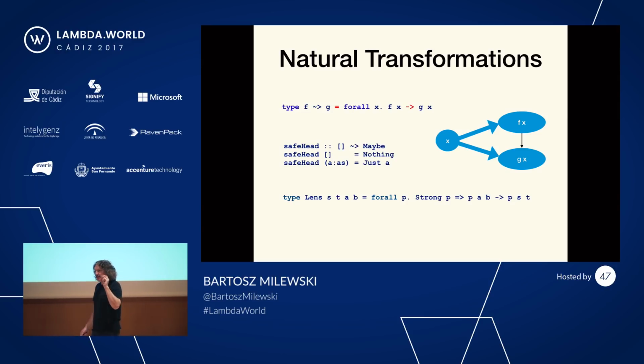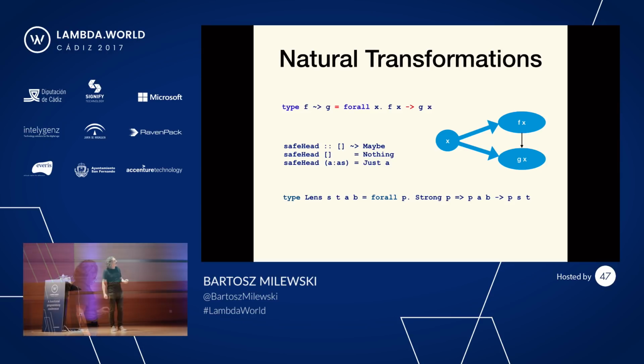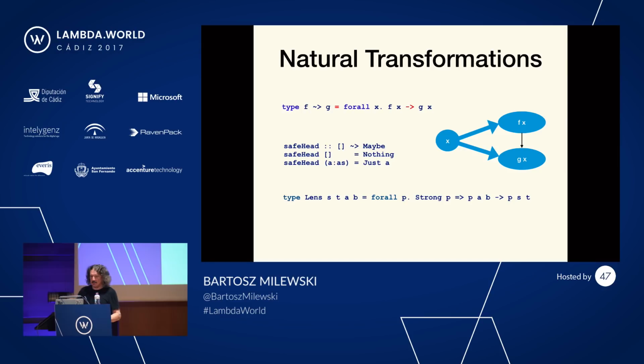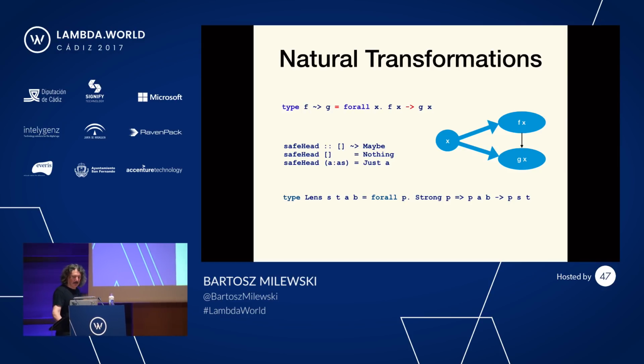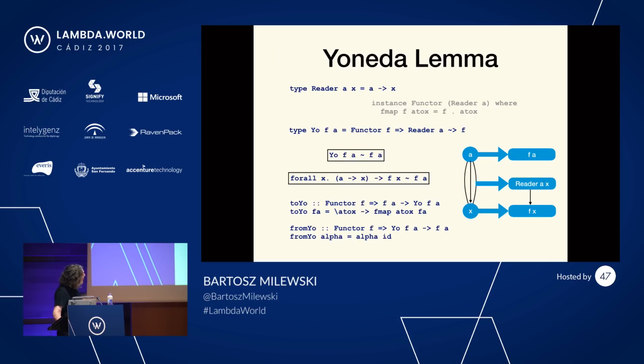When I first saw this, I was thinking, okay, this looks like a natural transformation, but it's between something else. This is like a different category. How can you have a natural transformation where you have profunctors?